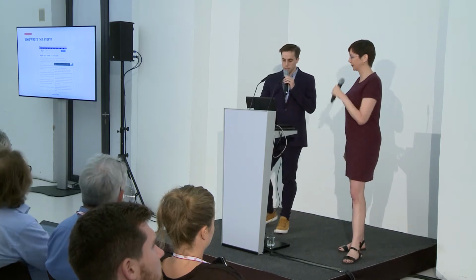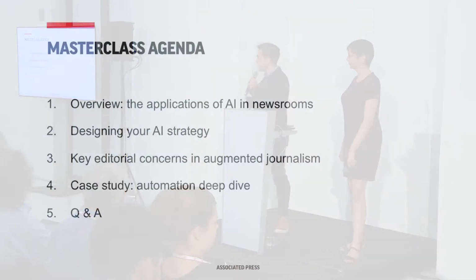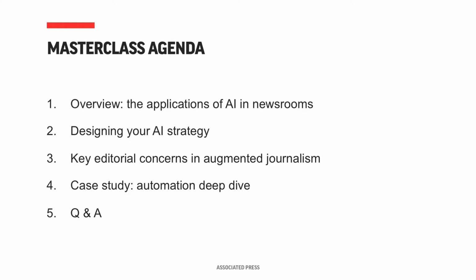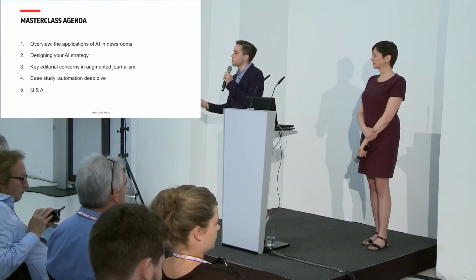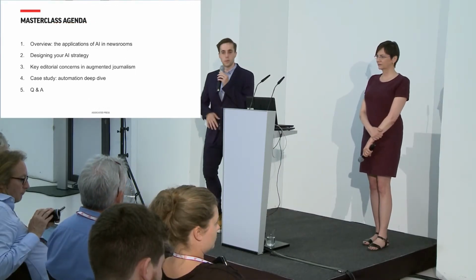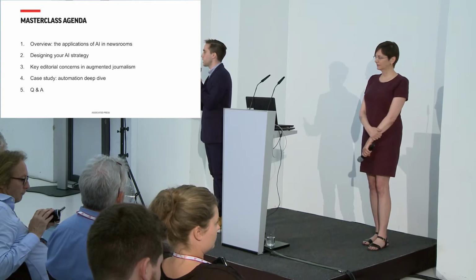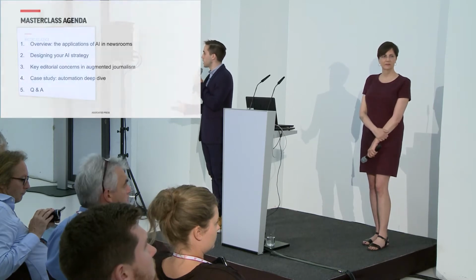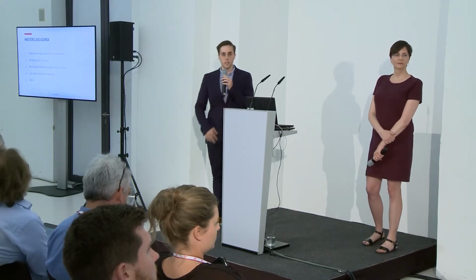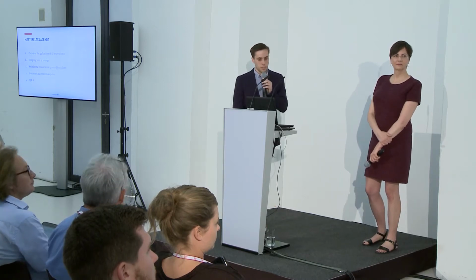So for today, we want to run through 5 key issues. We'll start with an overview of the applications of artificial intelligence in journalism. We'll talk about all the different use cases and tools that you can deploy in your newsrooms and in your operations.